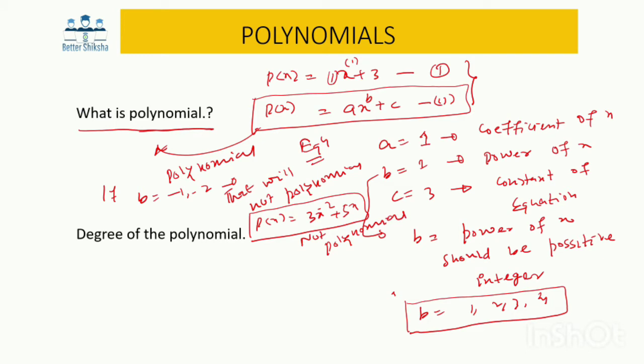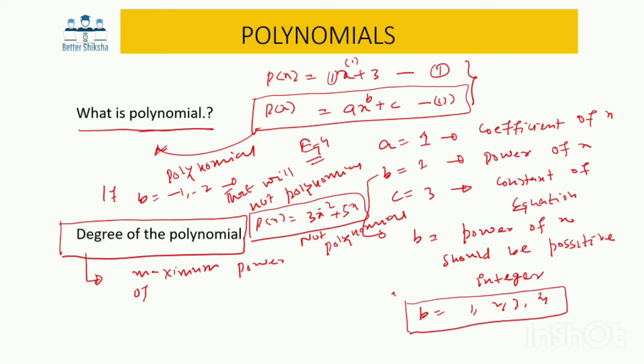Now moving on to know about the degree of a polynomial, right? The degree of a polynomial is simply the maximum value or maximum power of x in the equation. Here, let's say we have the example p of x is x plus 3, the maximum power of x is 1, right?